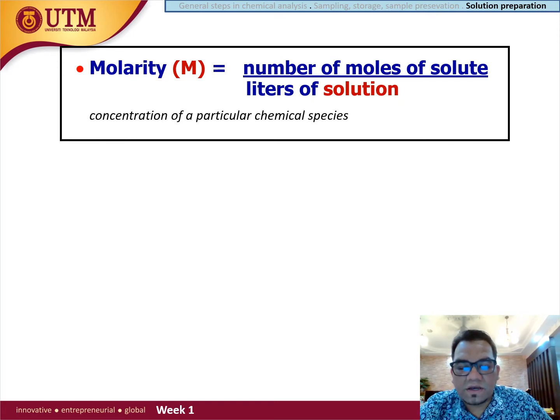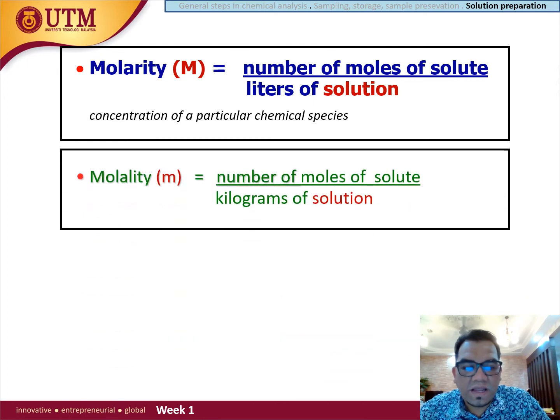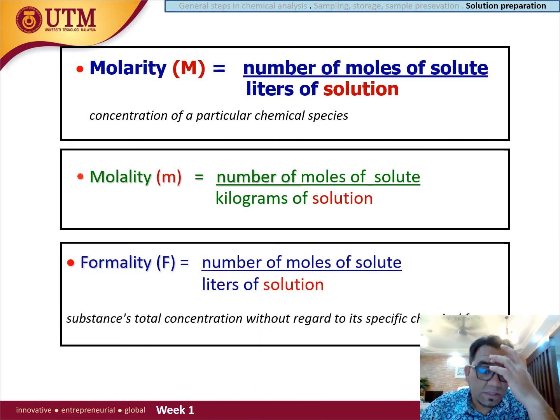The chemical formula is Ca(NO3)2. And then we have molarity, the number of moles of solute divided by liters of solution, and then we have formality, number of moles of solute divided by liters of solution.